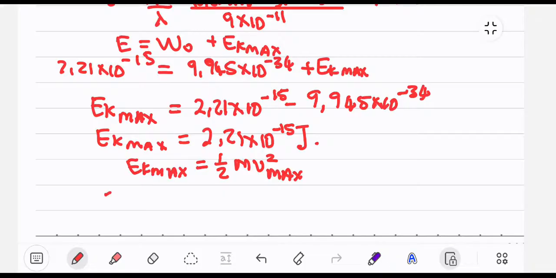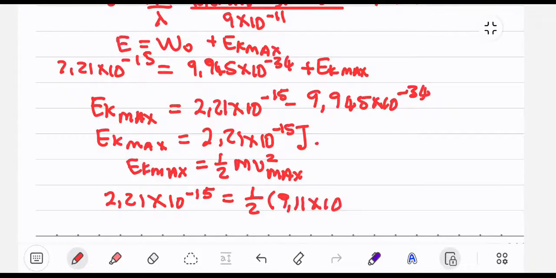So EK max is 2.21 times 10 to the negative 15, which equals 1 over 2 into 9.11 times 10 to the negative 31, and v squared max.